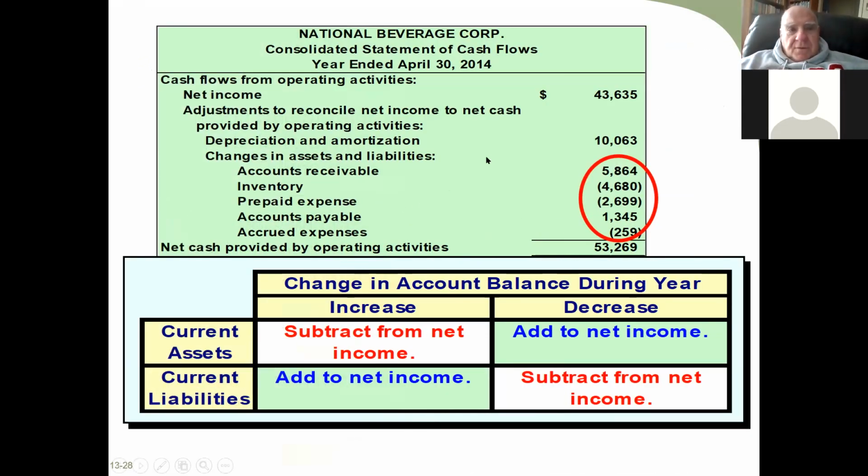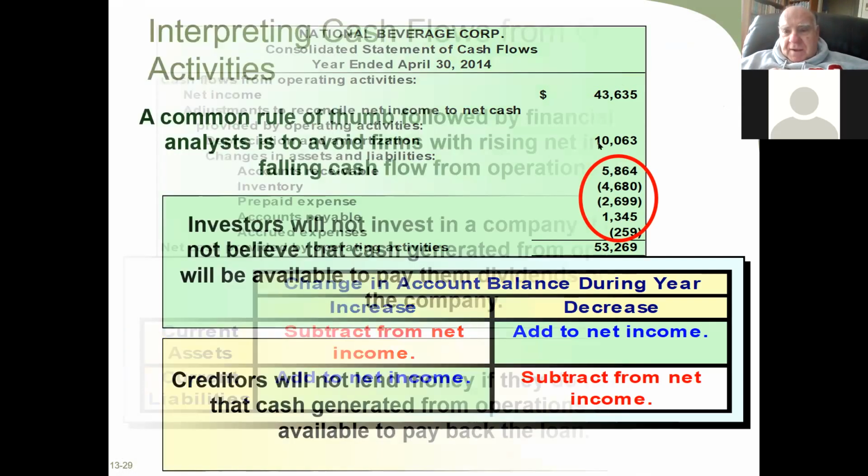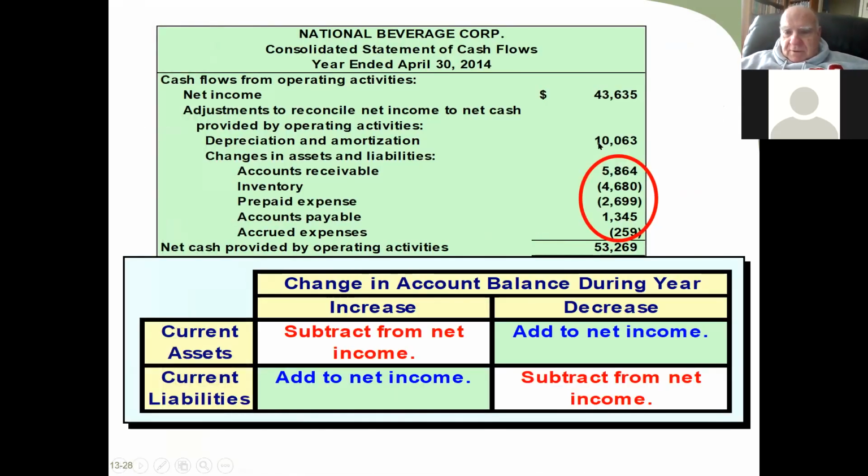And here we go. Net income plus that, there is our cash flow provided by operations. 53,269. And again, they're reminding you to have this in front of you until it's intuitive, until you just know it.